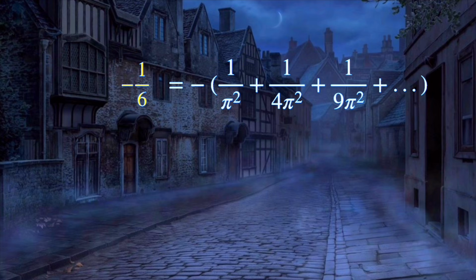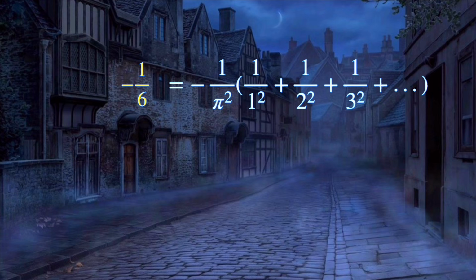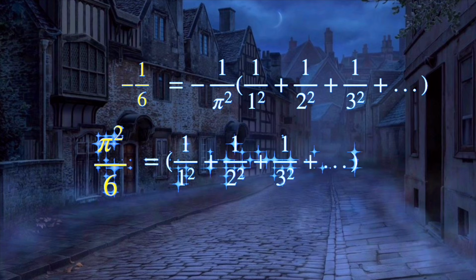And therefore we get this relationship, which allowed Euler to solve the famous Basel problem, which was to find the sum of the reciprocals of the integers squared, and it led to this transcendental value.